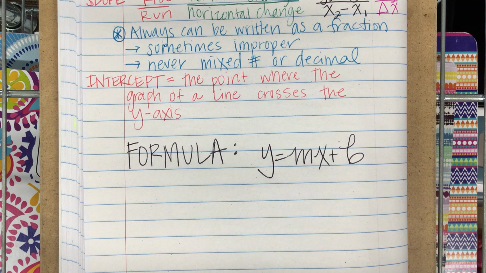The formula for a line in slope-intercept form is y equals mx plus b.